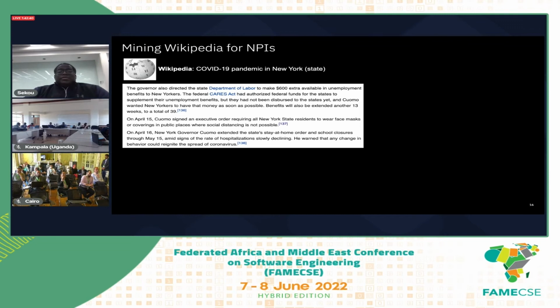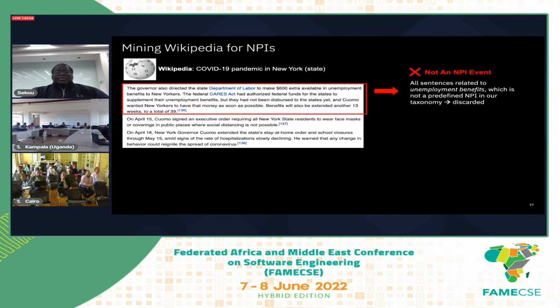But we're just using Wikipedia as one example of source information. From this source information, we can generate a structured data set around the use of NPIs, and we're doing this through natural language processing. So if you were to look at this first block of text, this is not an example of an NPI event, right?